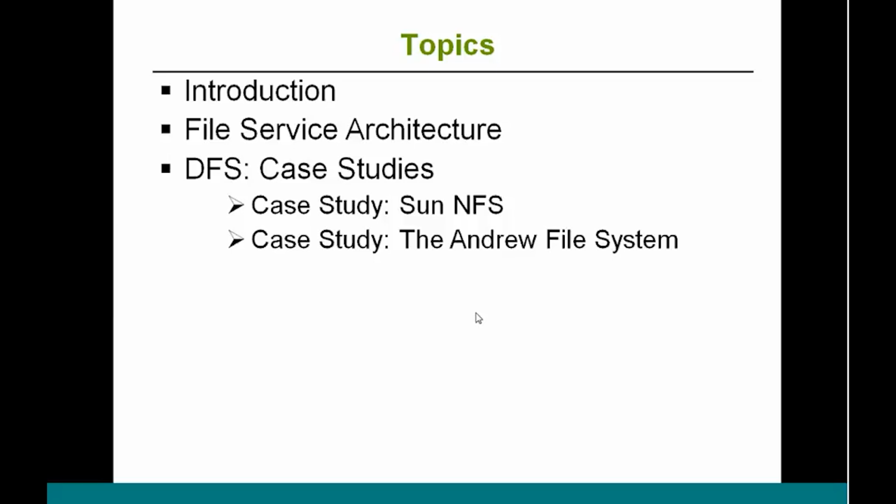The second one that we will look at is the Andrew File System, which is also a distributed network file system, initially started at CMU, Carnegie Mellon University, as a part of the Andrew project. We will learn about these two file systems and compare and contrast what is in each of them.